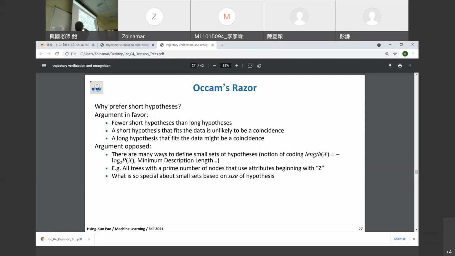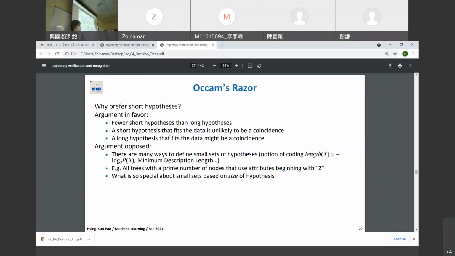On the other hand, people also ask how we can use Occam's razor, because we are not so sure. One thing that is not so solid is that we don't know how to do the coding. We say longer tree or shorter tree, but how do we define them? Either based on the depth or on the number of nodes, and that's not the only definition we can try.